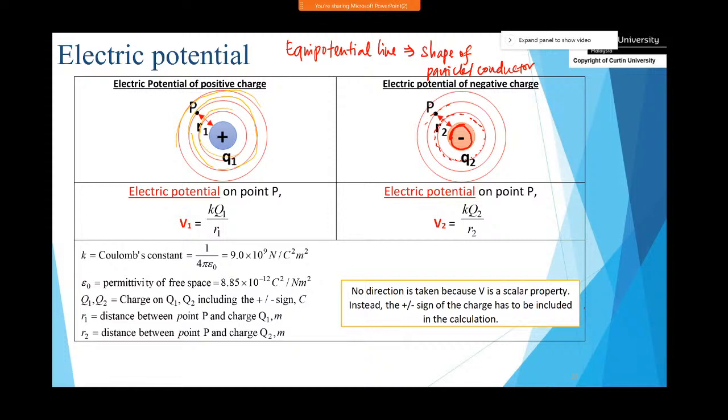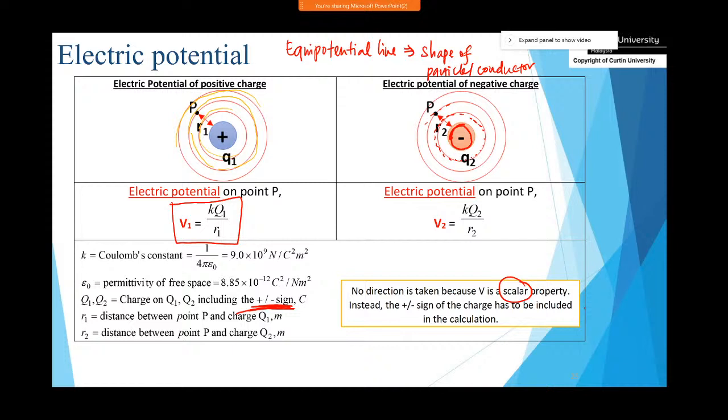Likewise, it will be perpendicular to your equipotential line. In order to determine your electric potential, it is given by kQ over r only. And good news also, it is a scalar, so you don't have to look at the direction, but instead you must include the positive and negative sign.